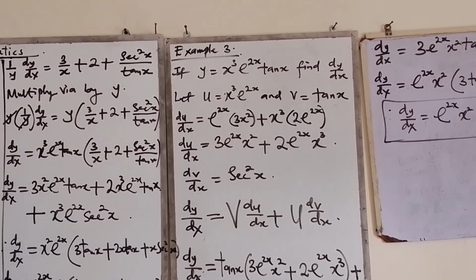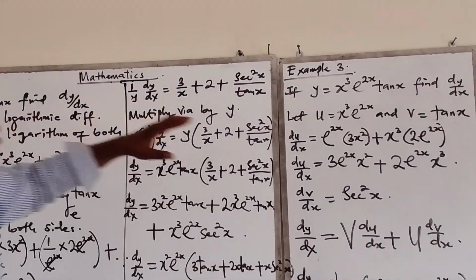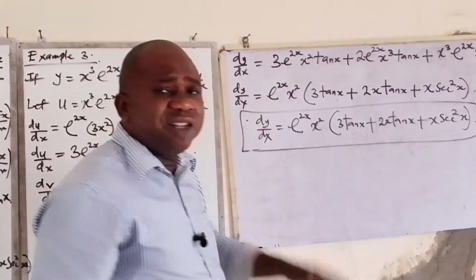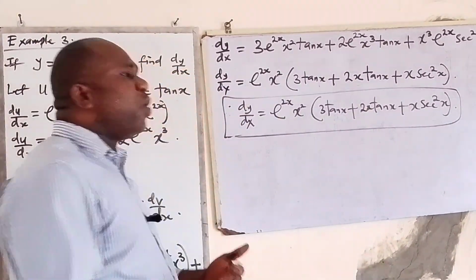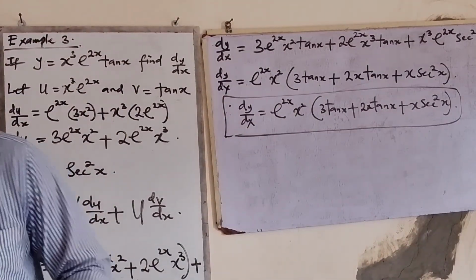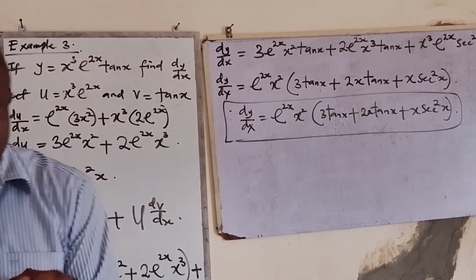Now, if you look at this very solution using logarithmic differentiation and you compare it to this one here, you will discover that it's the same value. So when you have more than 2 functions, you can either use the logarithmic function or you use the product rule when the functions are actually products.